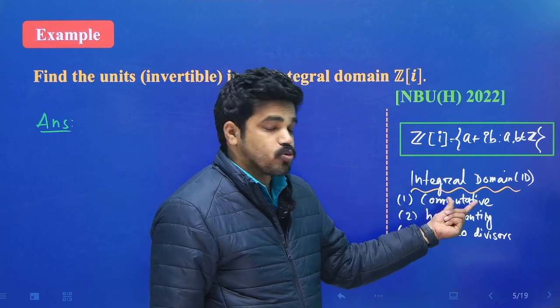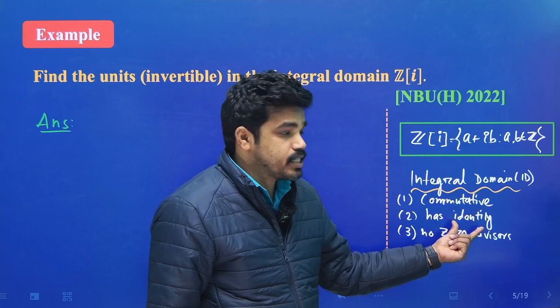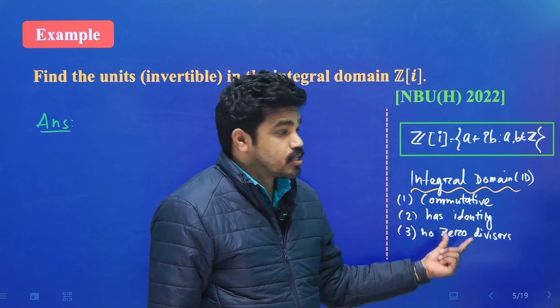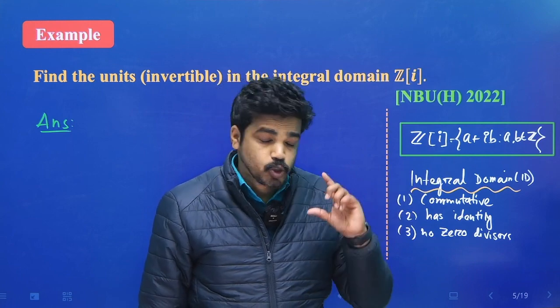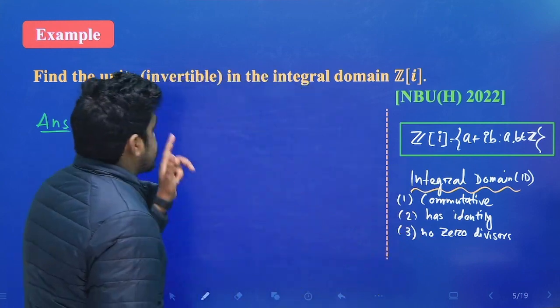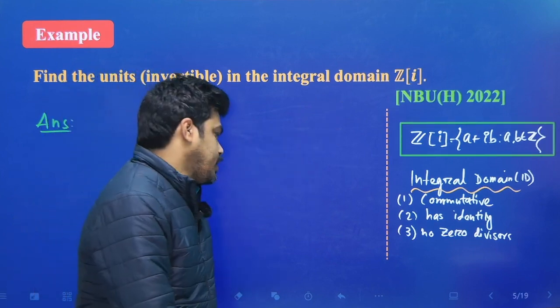Zi is a commutative ring with unity and has no zero divisor, so Zi is an integral domain. So we have to find the units of Zi, right?